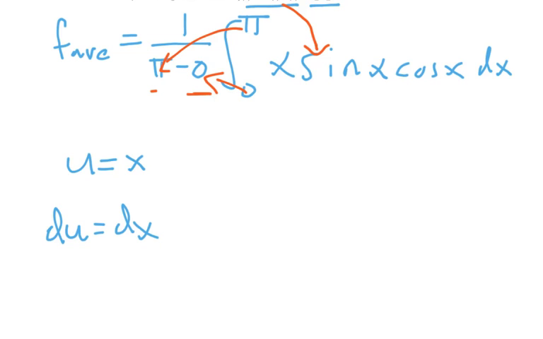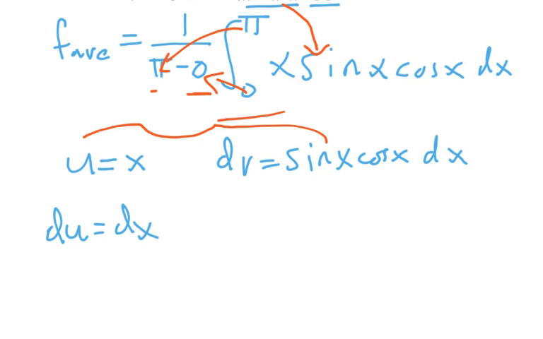Now my next choice is dv is equal to sine x cosine x dx. Now the reason I have to choose these two together is because the way integration by parts works is that you need this to be equal to u dv, which is what we have here, so we're good.